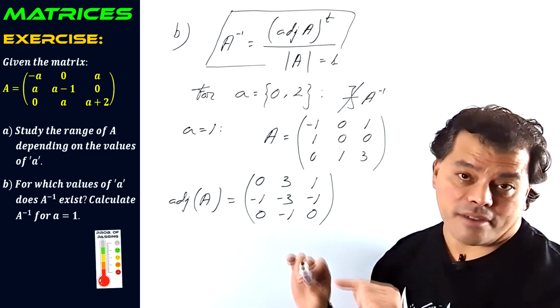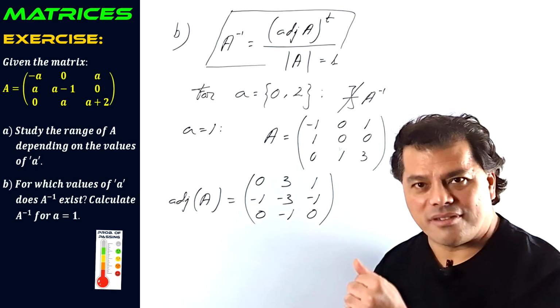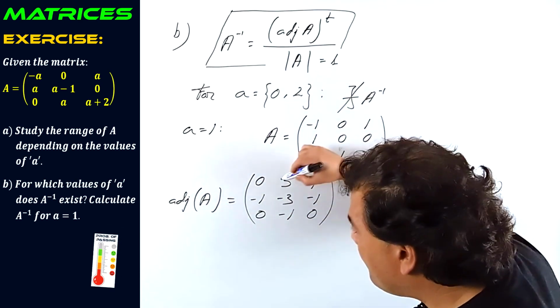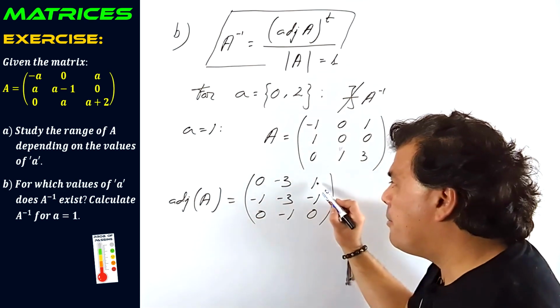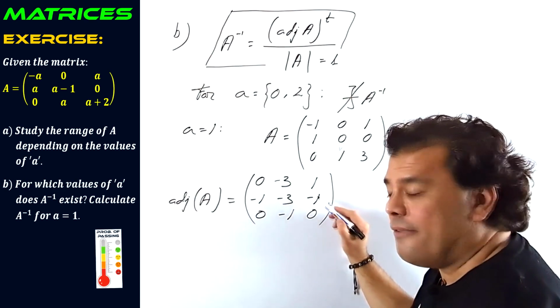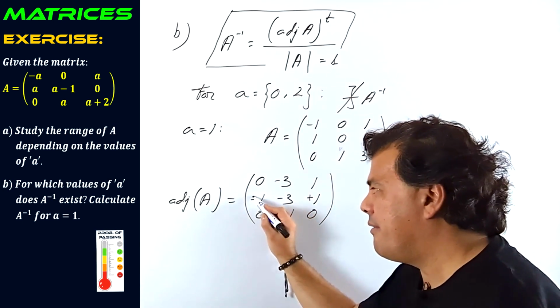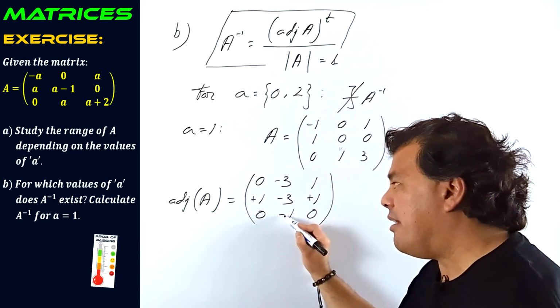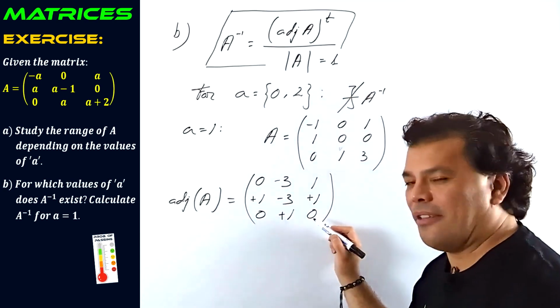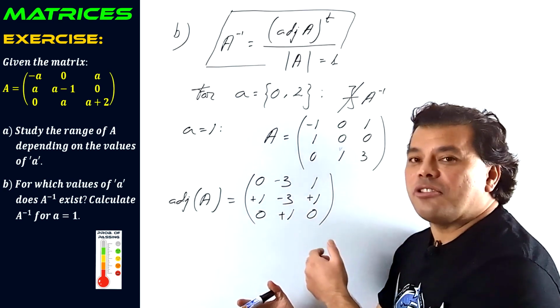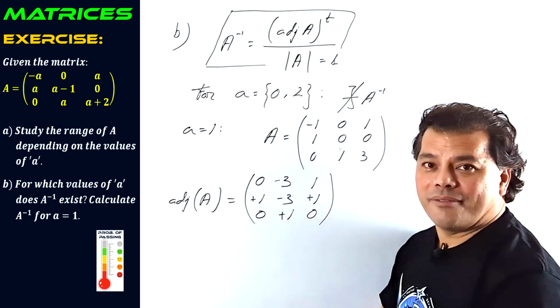But if I say negative, I will change the sign, okay? Now, here you have the adjugate matrix of A.